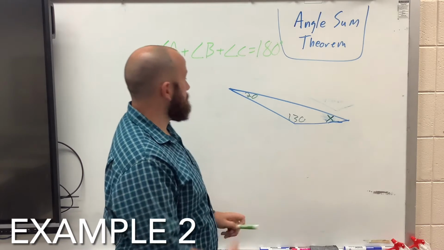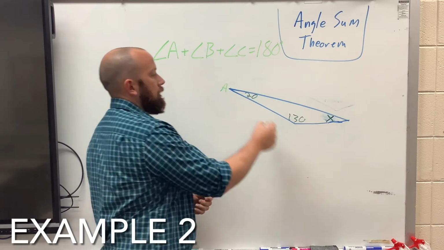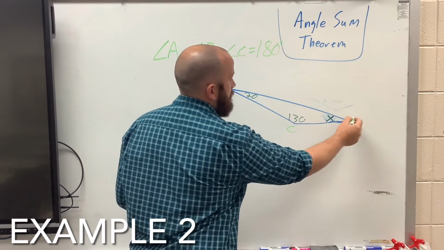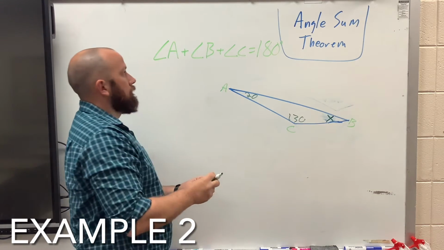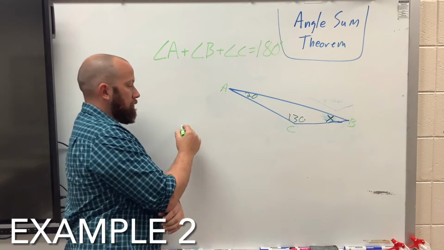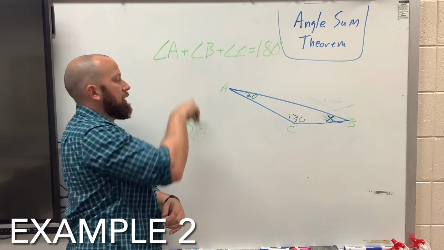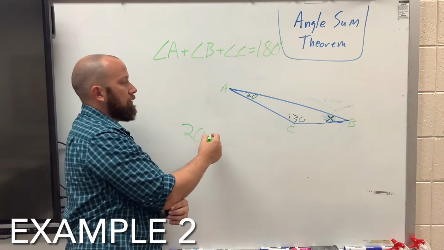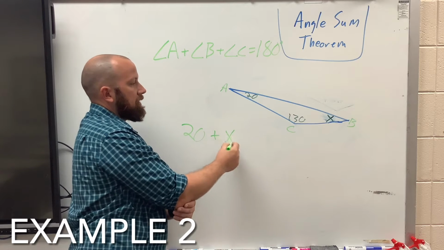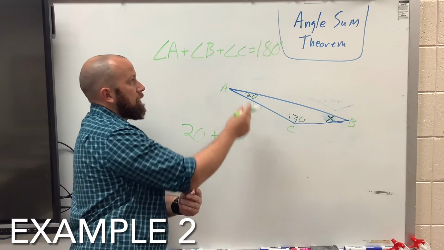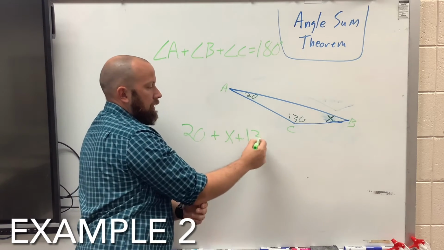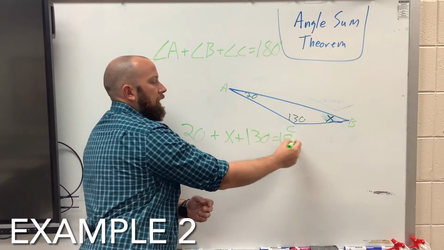All right, here's our next problem. Same thing here. I'll call this A, I'll call this C, and I'll call this B. So I add them together. A is 20, plus X is B, plus C is 130, should all equal 180.